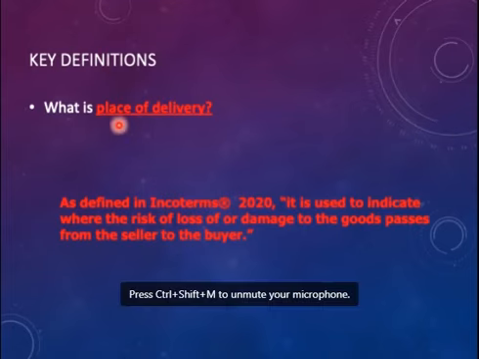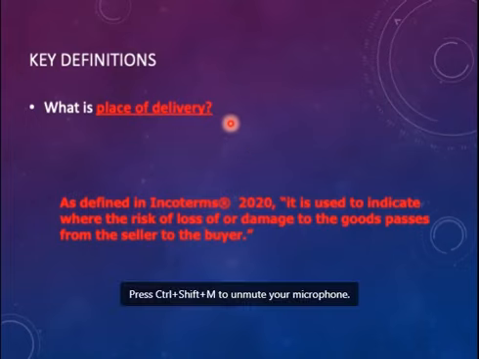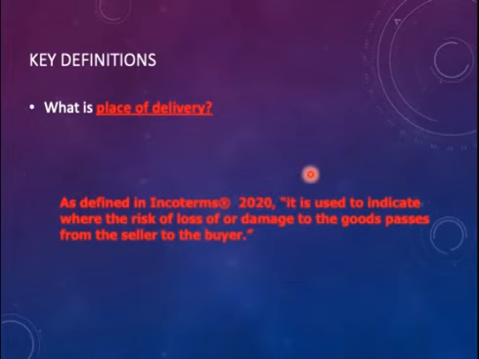So again and again, place of delivery is used to indicate where the risk of loss or damage to the goods passes from the seller to the buyer. It's not always where the goods arrive in your customer's hands or the goods leave your dock, right? But it's where the risk is transferred from the seller to the buyer.